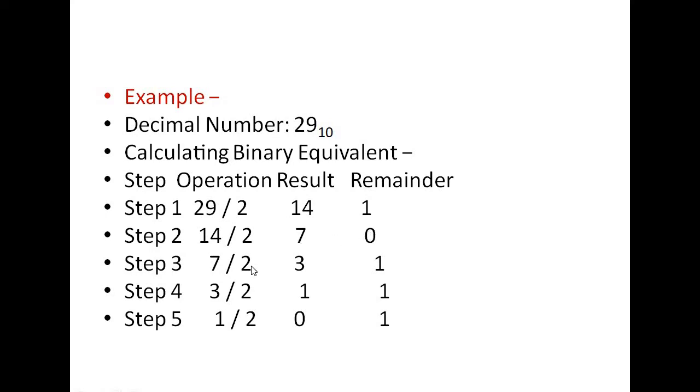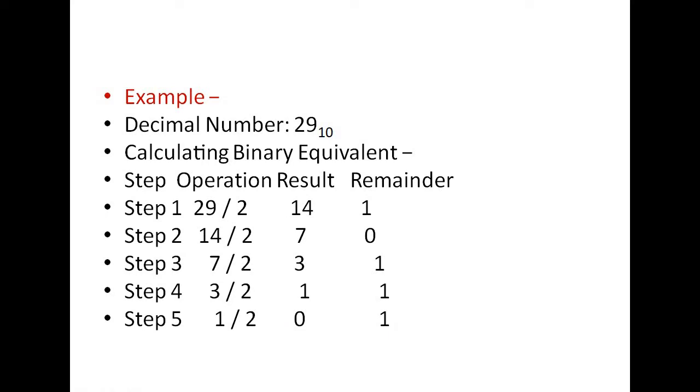Then 7 is divided by 2, result is 3 and remainder is 1. 2 3s are 6, 7 minus 6, remainder is 1. Then 3 by 2, result is 1, remainder is 1. 2 1s are 2, 3 minus 2, remainder is 1. And 1 divided by 2, result is 0, remainder is 1.